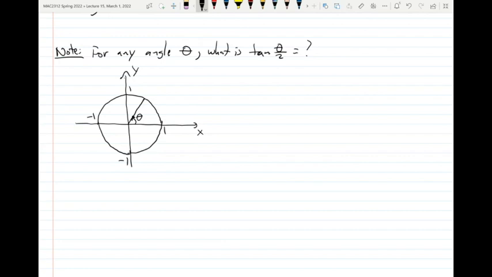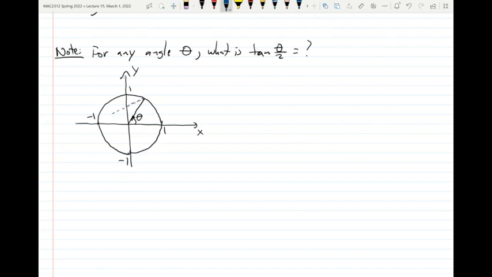So I'm just going to put theta here. Given an angle theta, I can always draw it like this, with the vertex at the center in standard position, and then the terminal side somewhere, and it's going to cross the unit circle at some point.